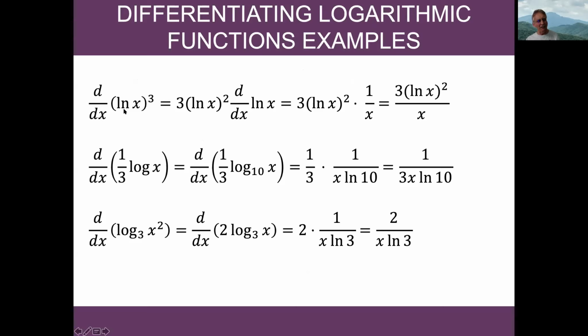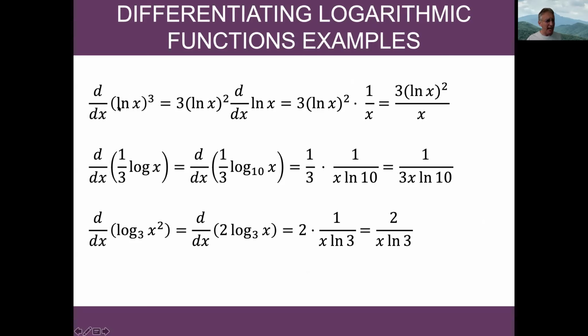We've got natural log of x. That's there, but we've got something bigger going on. It turns out the natural log of x is inside this other function. So it's composite. The outside function is x cubed. This thing is being cubed.